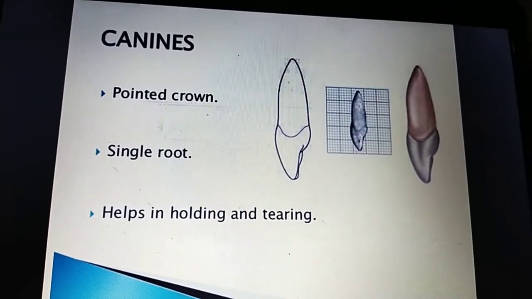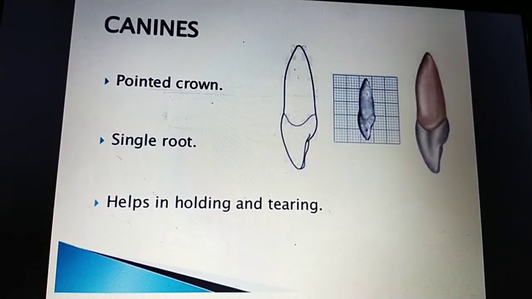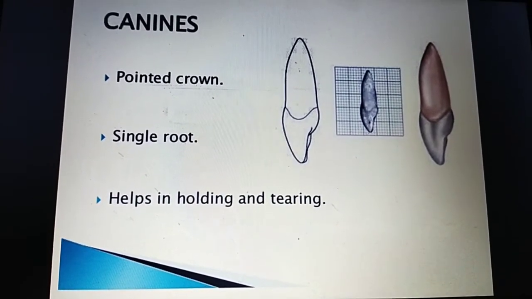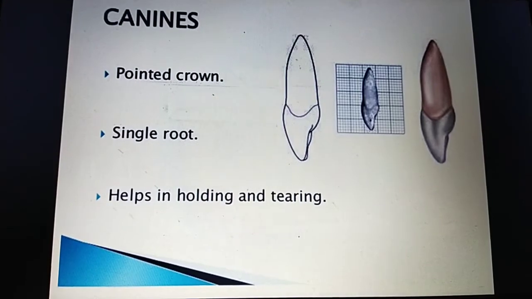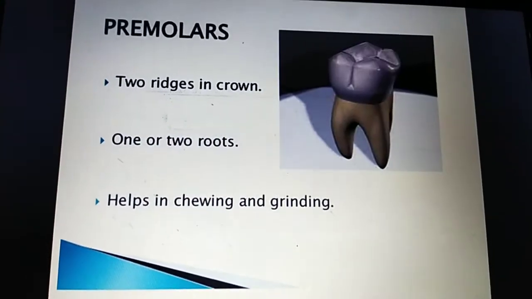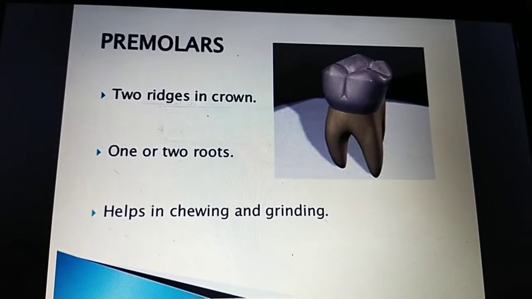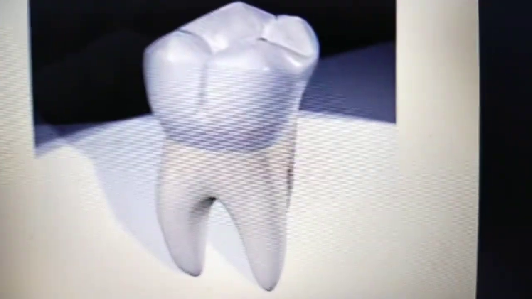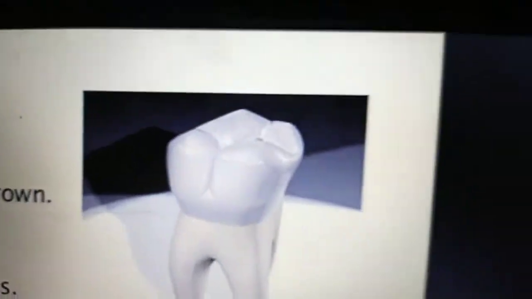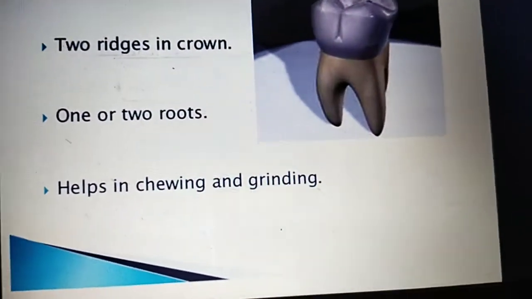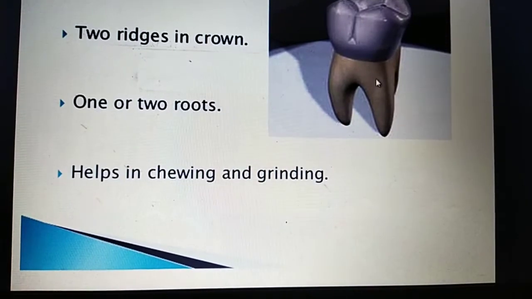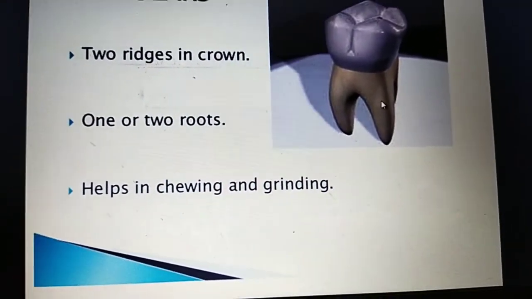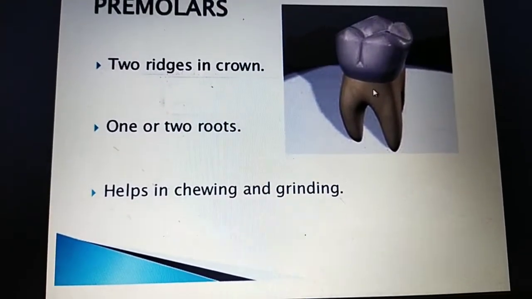Then the canine has a pointed crown and also a single root, and helps in holding and tearing. Then the premolar has two ridges in the crown. You can see here, these are two ridges in the crown and one or two roots, and it helps in chewing and grinding.